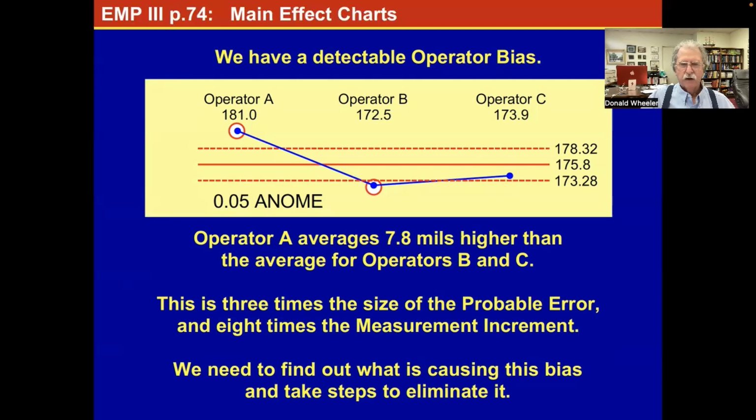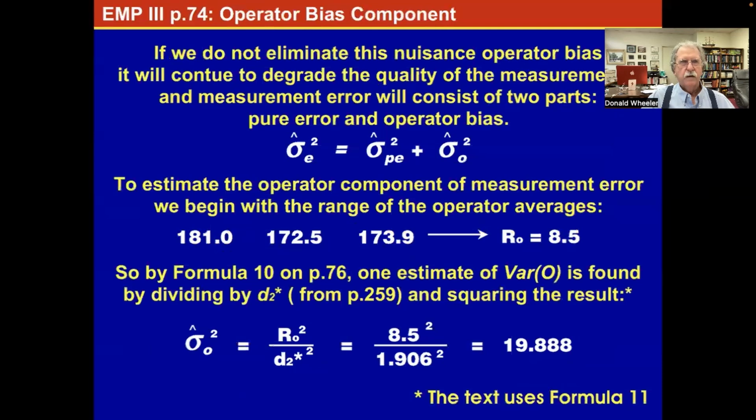We need to find out what is causing this bias and take steps to eliminate it. If we do not eliminate this nuisance operator bias, it will continue to degrade the quality of the measurements, and measurement error will consist of two parts: pure error plus operator bias.